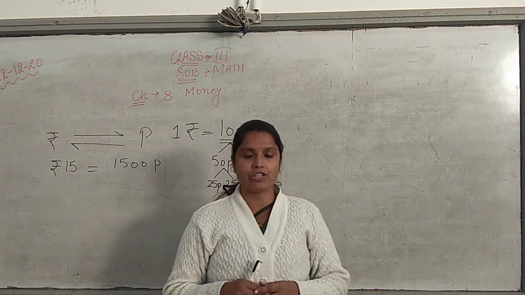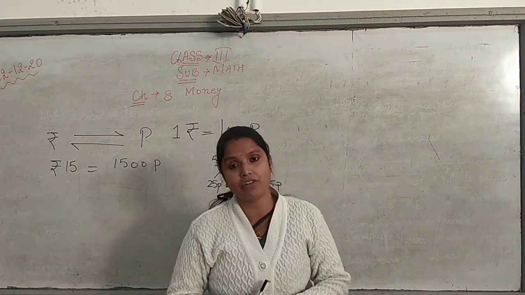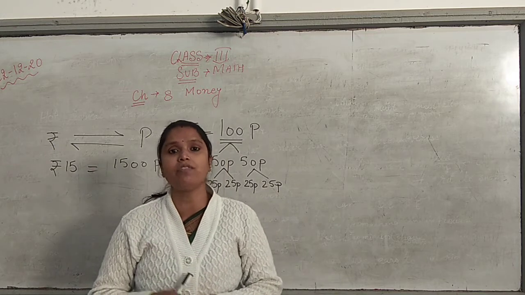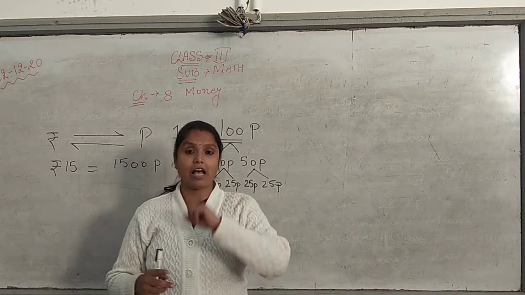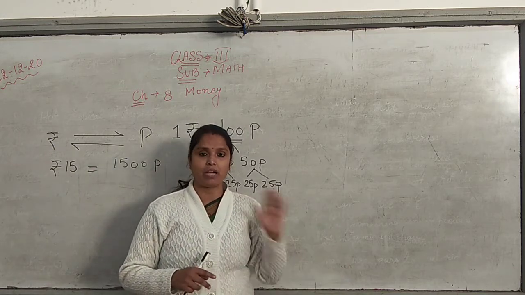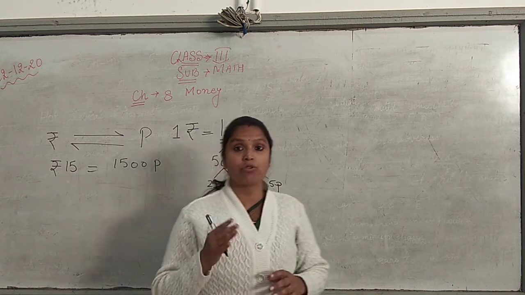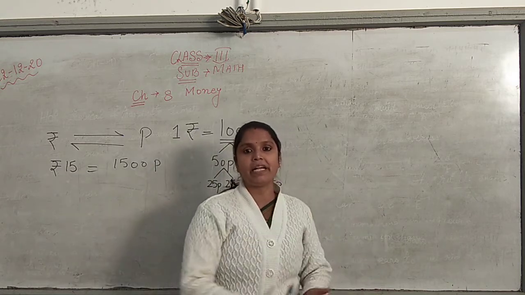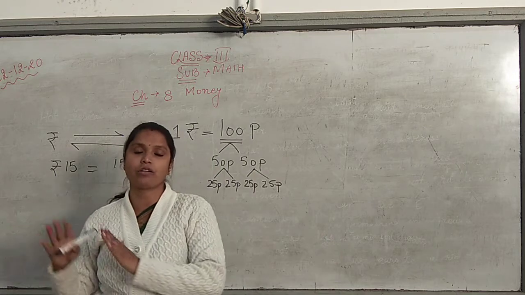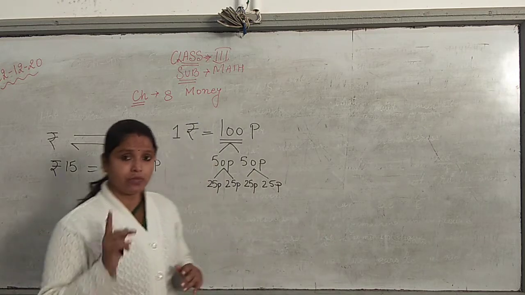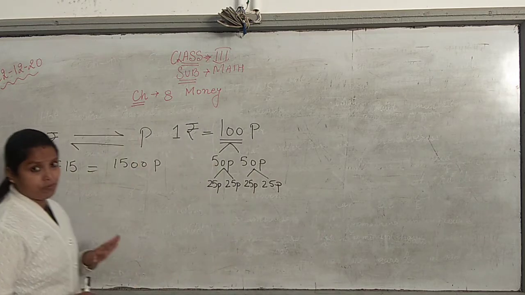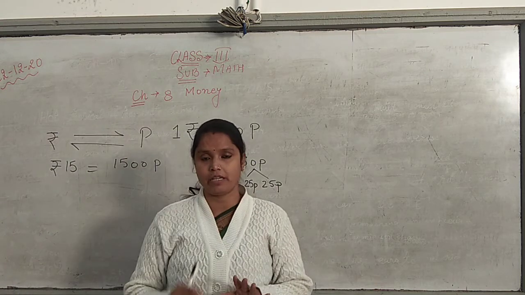It's a repeated addition, and when we have repeated addition we can write it in the form of number of times, and this I have told you in the time chapter also, how to make repeated addition into a short multiplication form. So this is how you will change your rupees into paise.